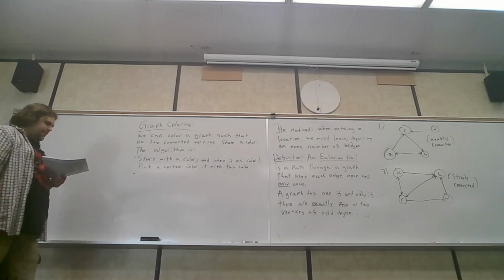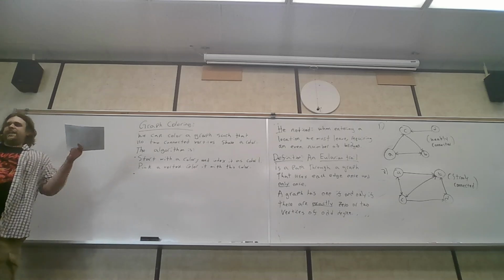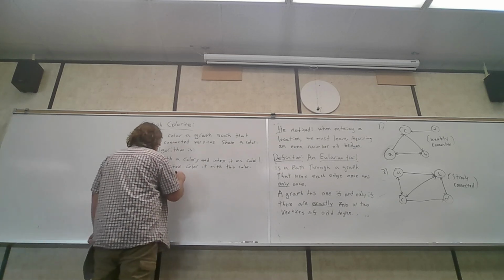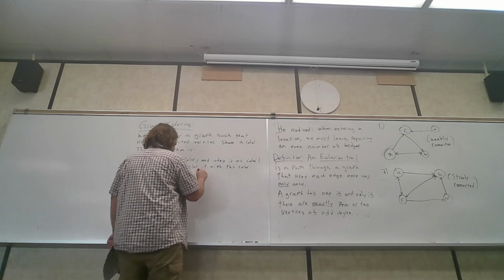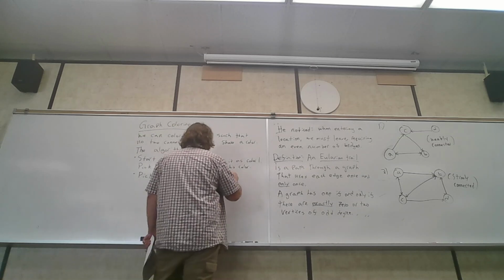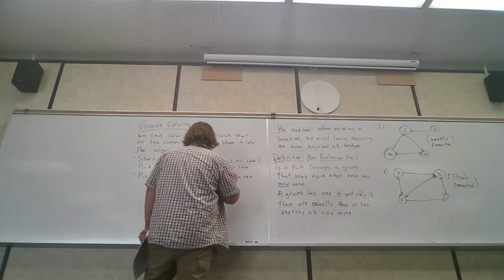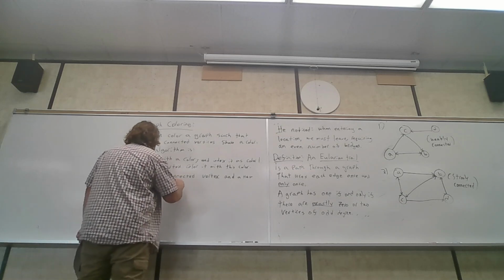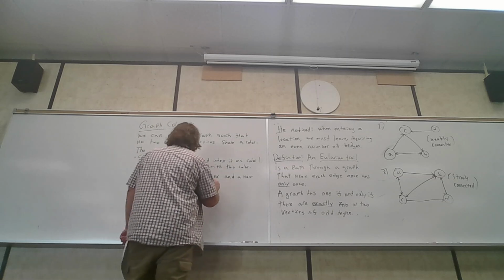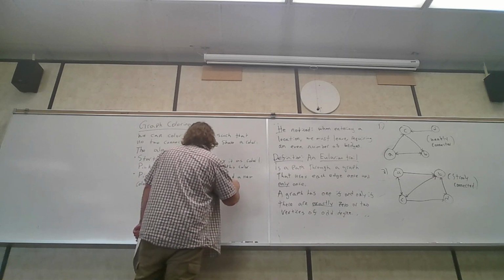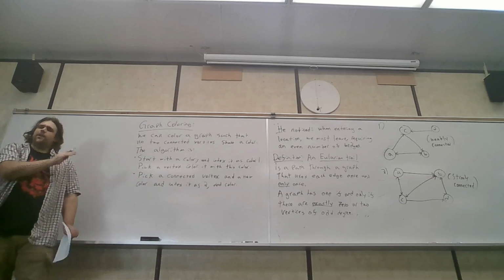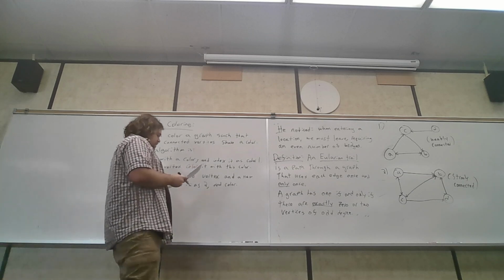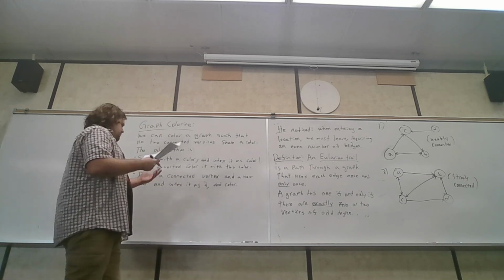Now we pick a connected vertex, and a new color, and index it as 2. And color. Right? Because we started with a vertex, colored it in, and then we're going to pick a neighboring one and color it a different color, right? Because they can't be the same color. So on and so forth.